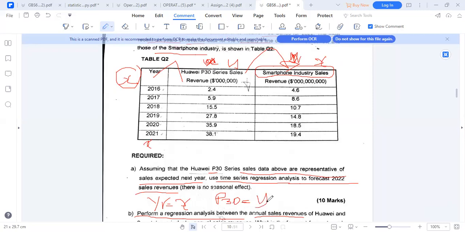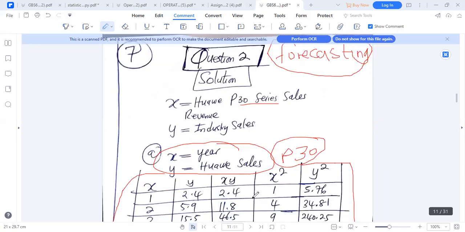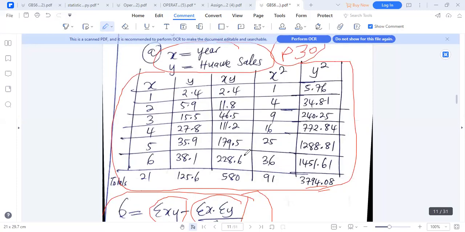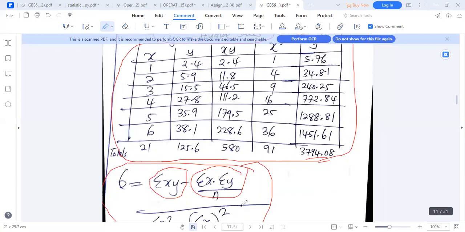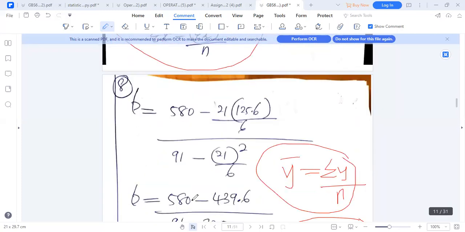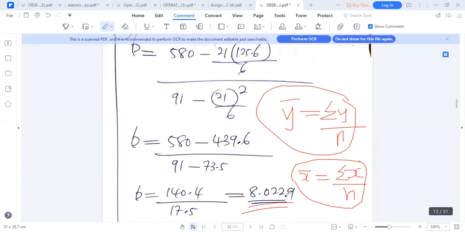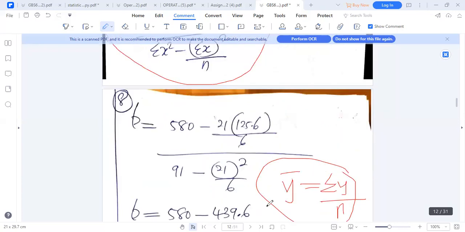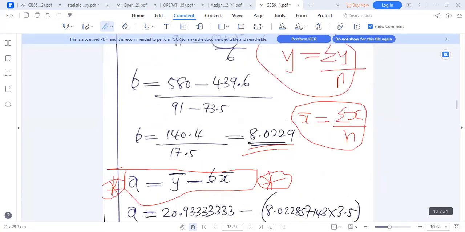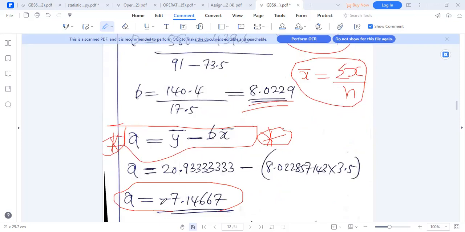Then solving this using the table here, you do a manual table, substituting into the equation. We got our beta as 8.022 using this formula, and then substituting to get alpha using this formula, we got alpha as negative 7.1466.